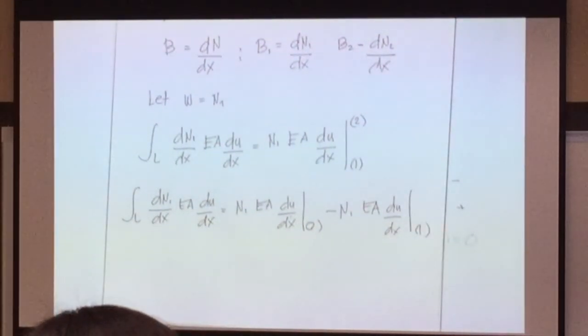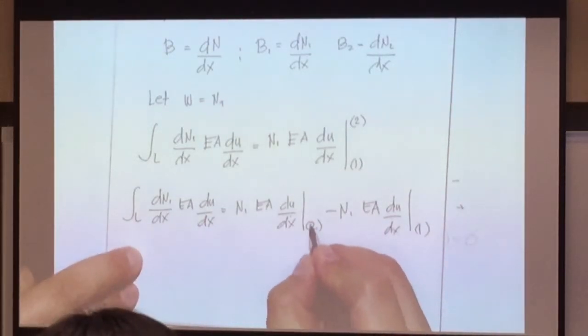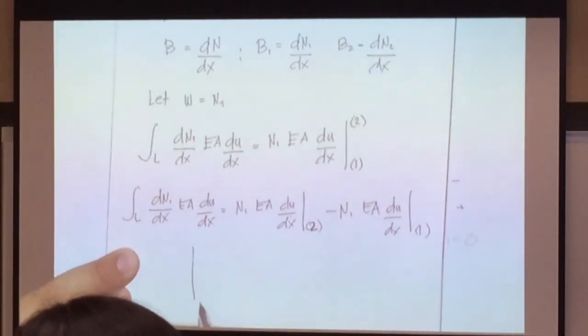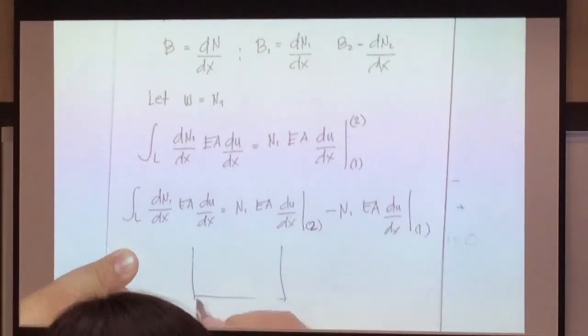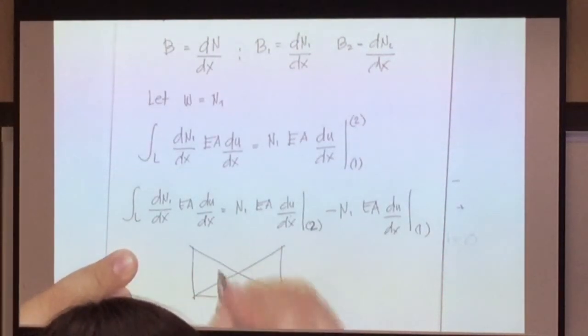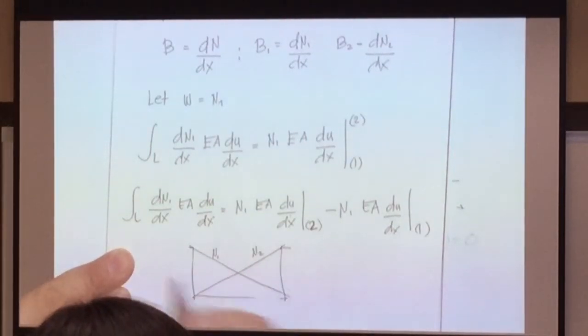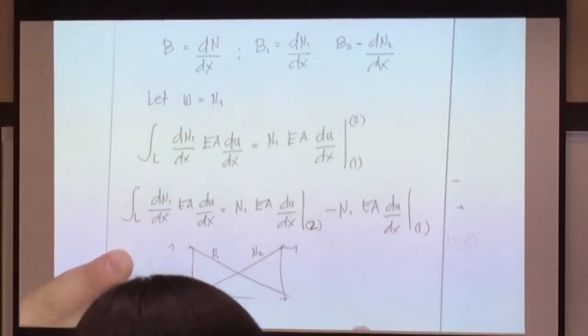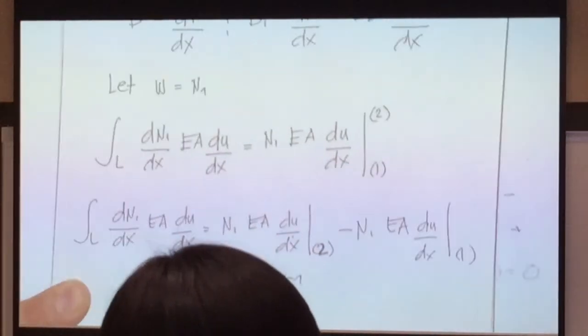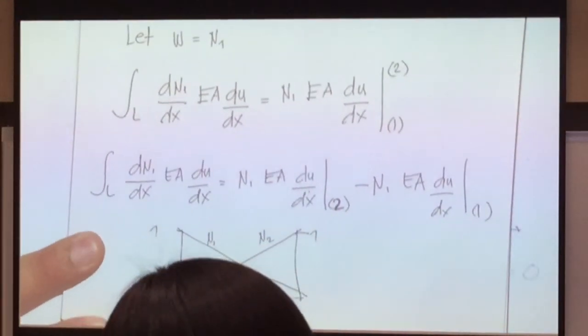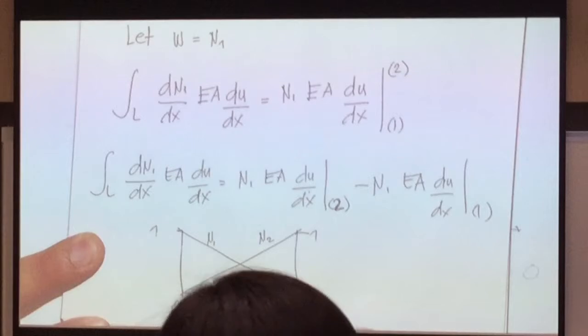So what can you say about this one? Now let's go back again to the definition of our shape function. So that is N1 and N2, so these values are 1 and 1. This one is your node 1 and node 2.